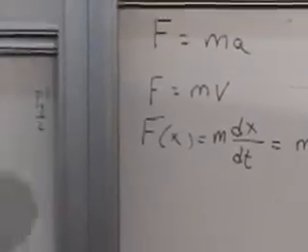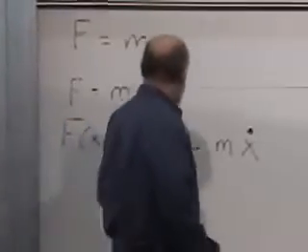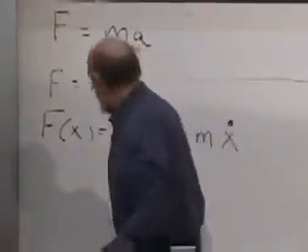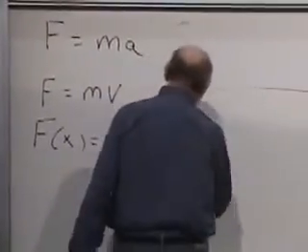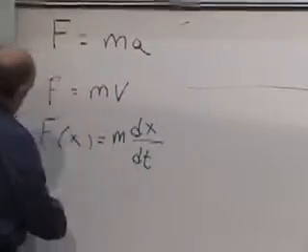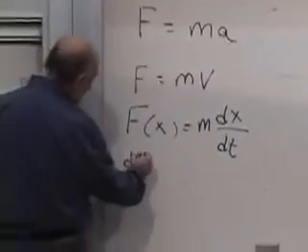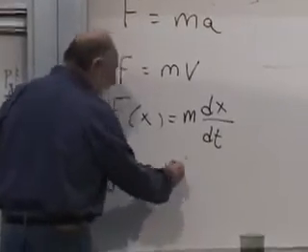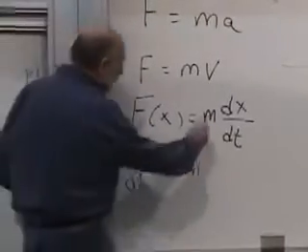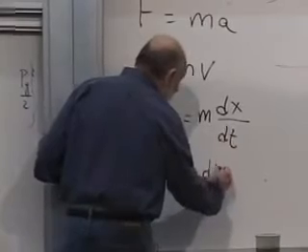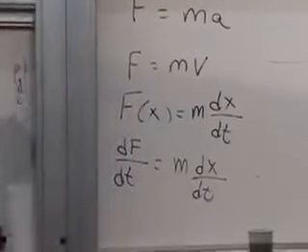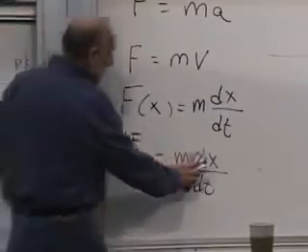Let's see if I can compute the acceleration. To compute the acceleration from this equation, we just differentiate it once more. We write that dF/dt is equal to mass, which is just a constant, times the second derivative of the position, or just the acceleration. So we have over here acceleration.